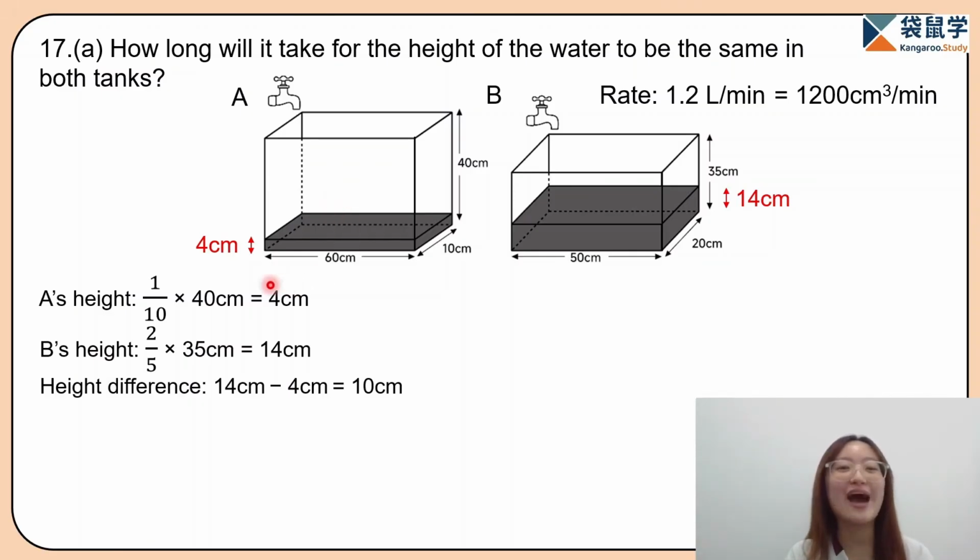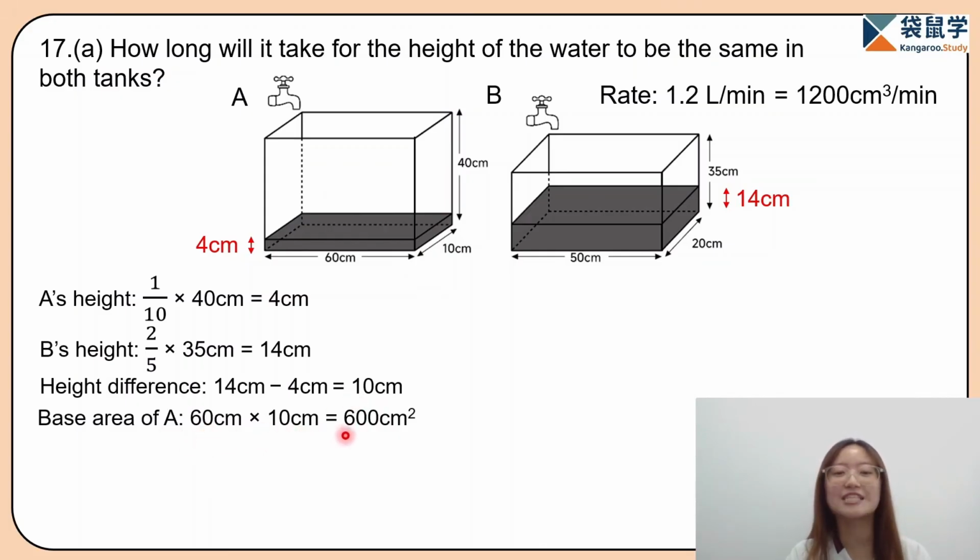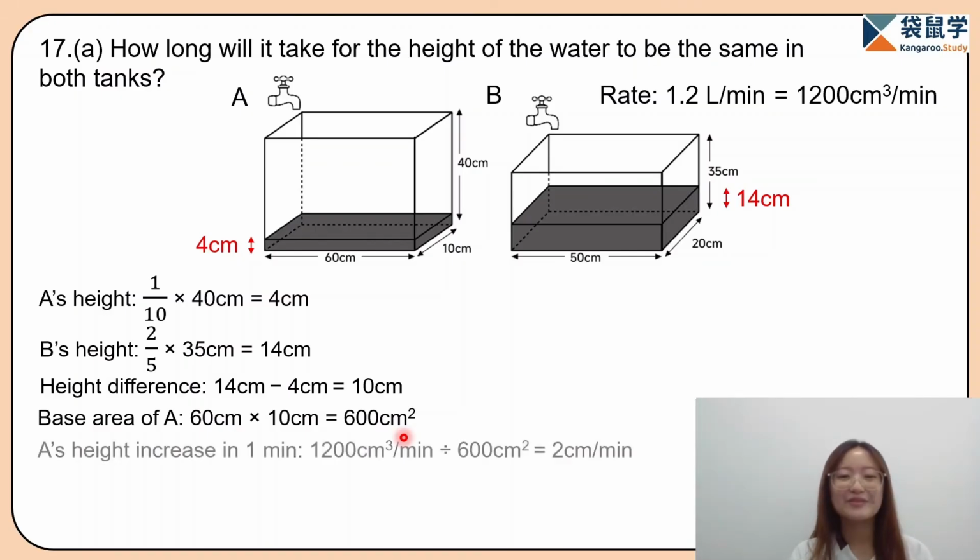Yes, because we have the length and the breadth. So the base area of A will be 60 times 10, which gives us 600 centimeters squared. And now, how can we find the height increase in 1 minute for A? It will be 1,200 divided by 600, and that gives us 2 centimeters per minute. So this will mean that for every minute, 2 centimeters of water are added to tank A.